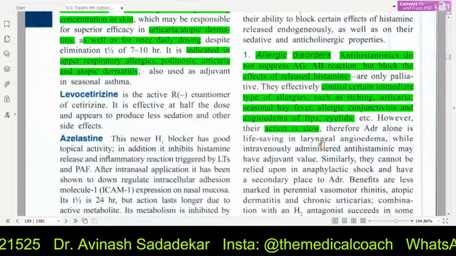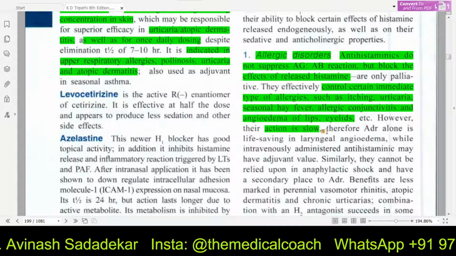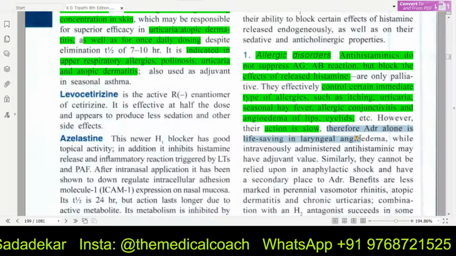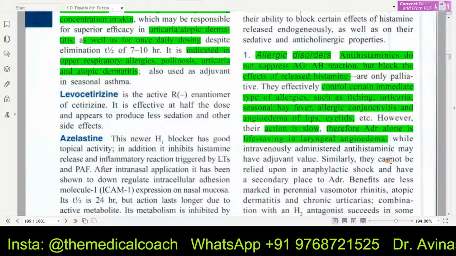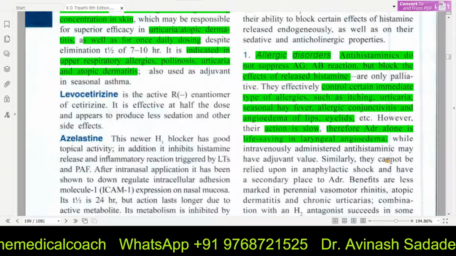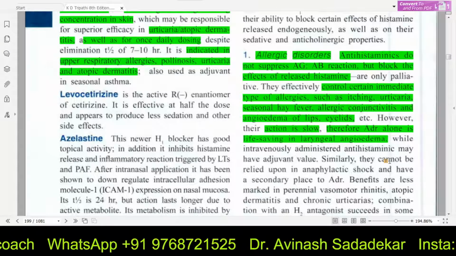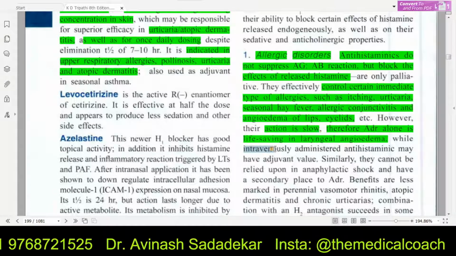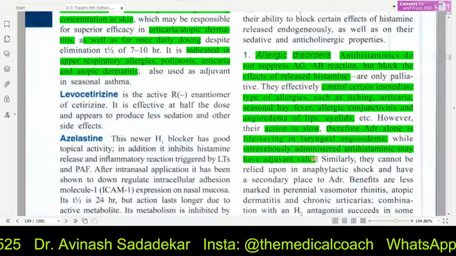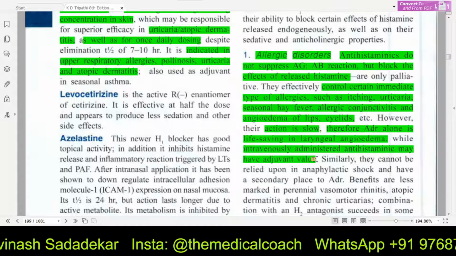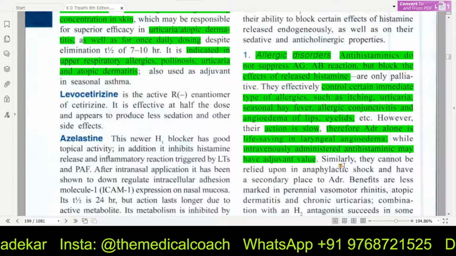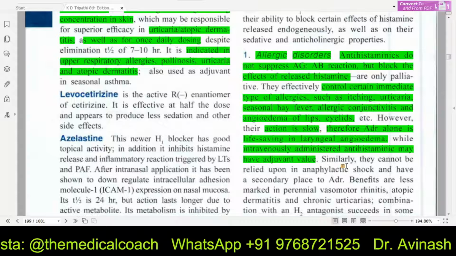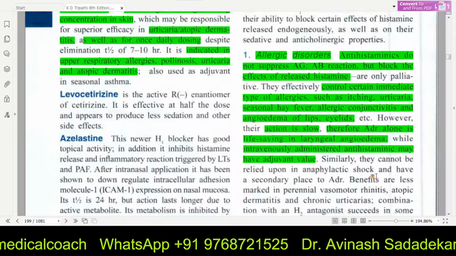So when you have type 1 hypersensitivity reaction, adrenaline would be the drug of choice to give to a patient who is having laryngeal angioedema. Even if you give IV antihistaminic, it takes time to work, and hence what is recommended is you give antihistaminic as an adjunct, not as the primary drug.